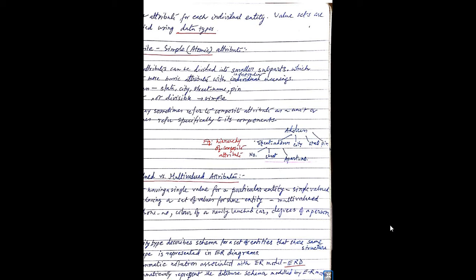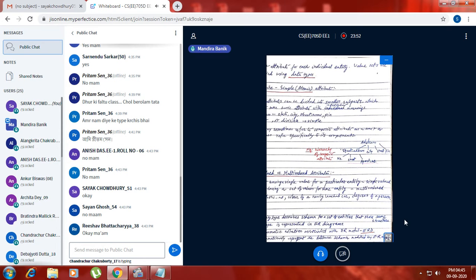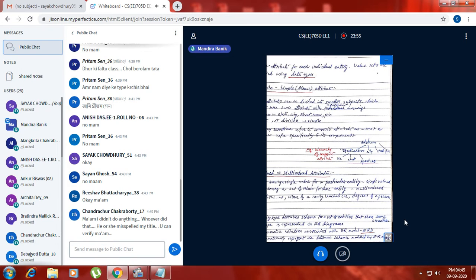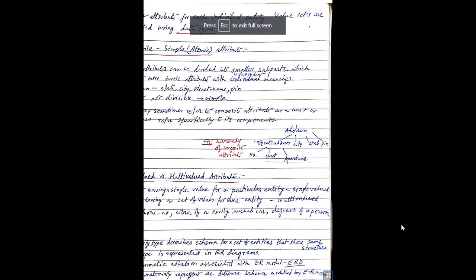Now street address can be again broken into house number, then street number, then street name and apartment number. So you can see that the address is broken into a number of parts, because address actually consists of street address, city, state, pin.